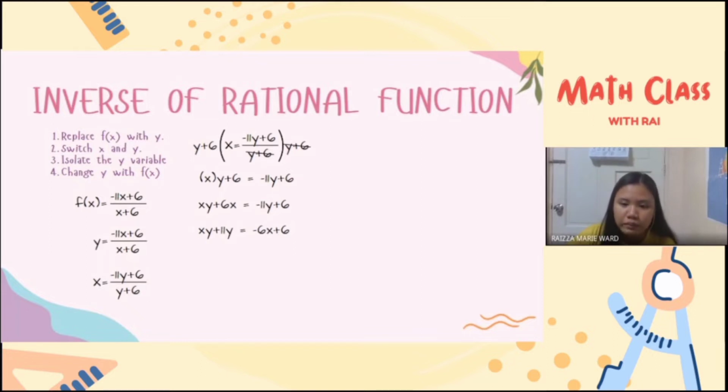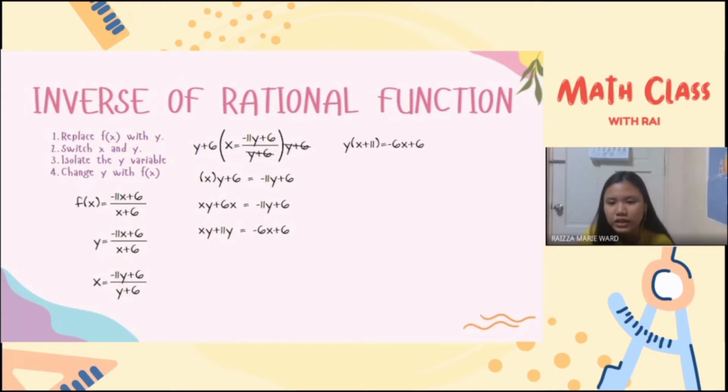Always remember na tuwing magta-transpose, the sign will also change. So, transpose 6x to the right, magiging -6x, and the -11y sa left, magiging +11y. Then, the equation is now xy + 11y is equals to -6x + 6.